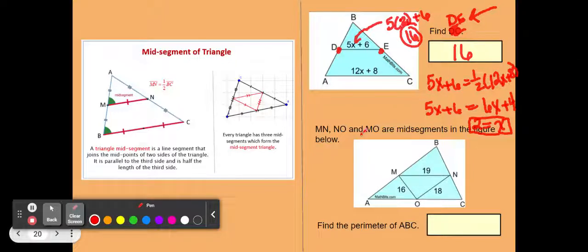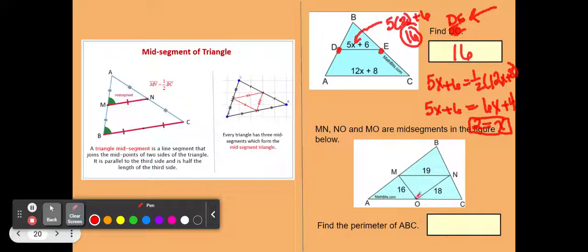All right. So MN, NO, and MO are mid-segments of the figure below. We need to find the perimeter of the whole triangle. Remember, perimeter means adding up the sides of the triangle.